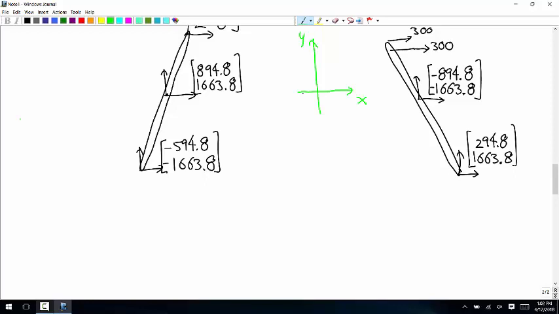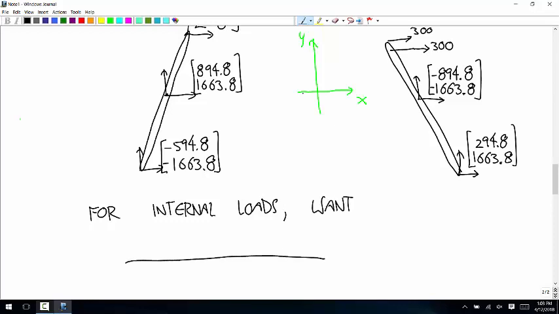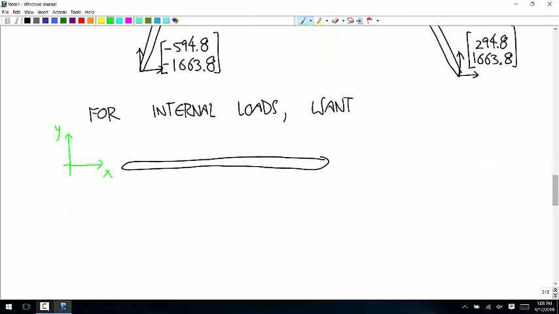We're used to, for internal loads, we want the beam horizontal and the coordinate system like this. Okay. So what we're going to do is use rotation matrices to represent each one of these force vectors in a coordinate system.